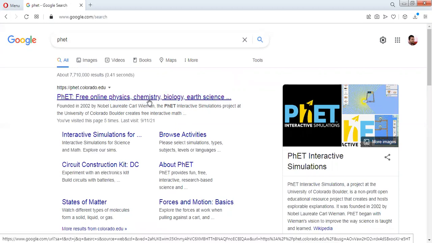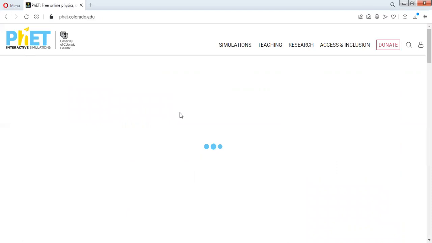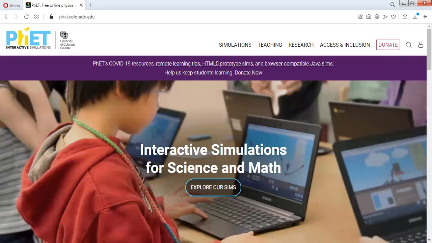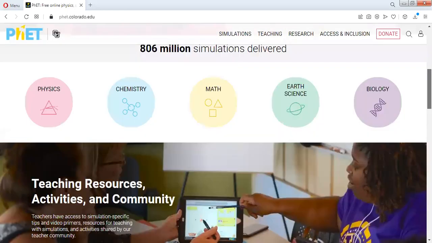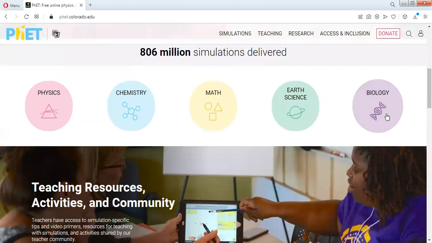This is a very interesting website. It contains many simulations on physics, chemistry, biology, and mathematics, which is mostly suitable for A-level and O-level or IGCSE students.